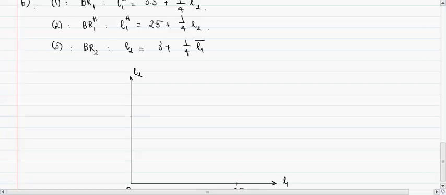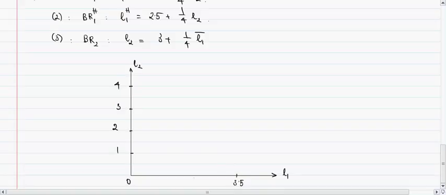Okay, so L2, I'll pick it equal to 4. I'll make it here. So this is say 1, 2, 3, and 4. If L2 equals 4, L1 is going to be equal to 4.5, so I'm going to have another point there.